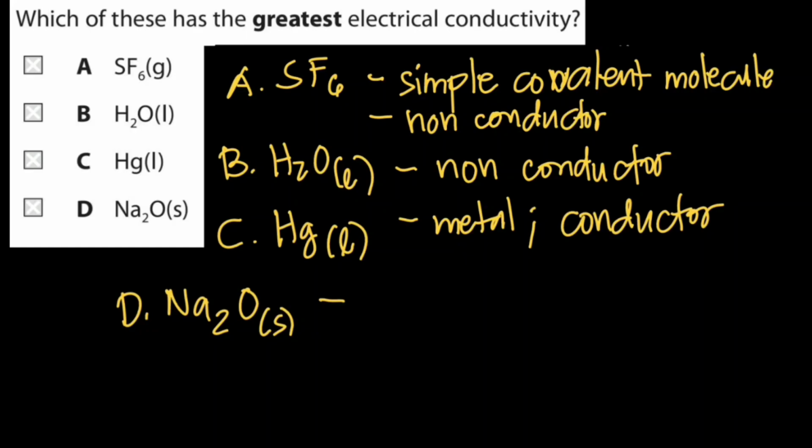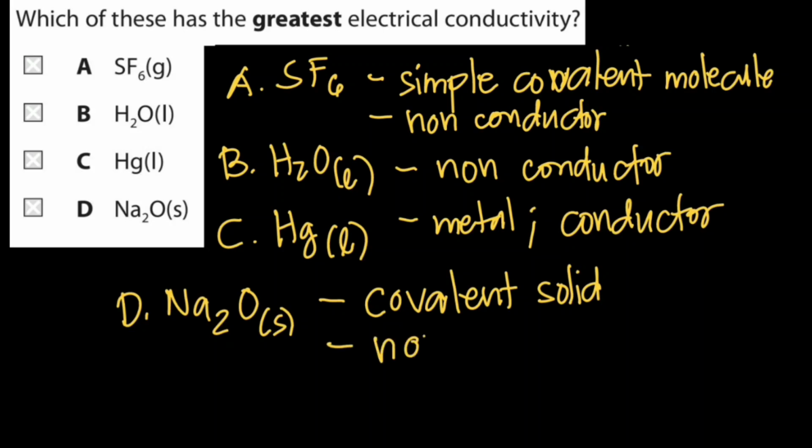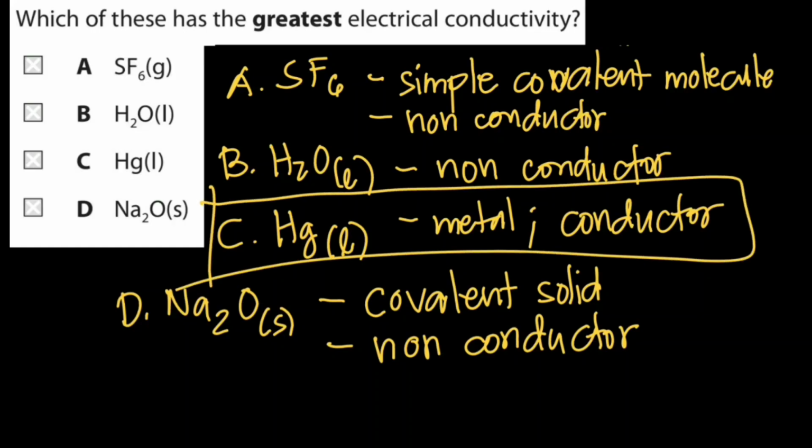Then we have sodium oxide in its solid state, but this is an ionic solid, and they do not conduct electricity in solid state. So that means Na2O is a non-conductor of electricity. Therefore, among the choices here, mercury has the greatest electrical conductivity. So the answer here should be letter C.